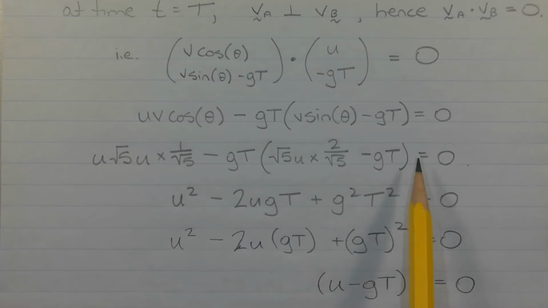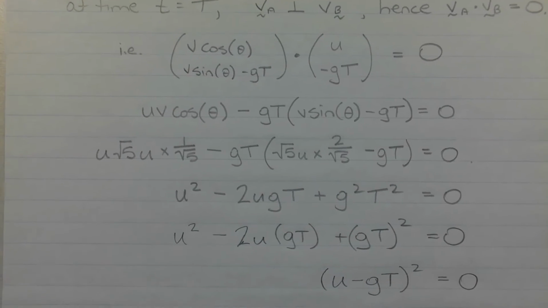So expanding the brackets, collecting like terms and simplifying where necessary, we get u squared minus 2 times u times g times capital T plus g squared times capital T squared equals 0.